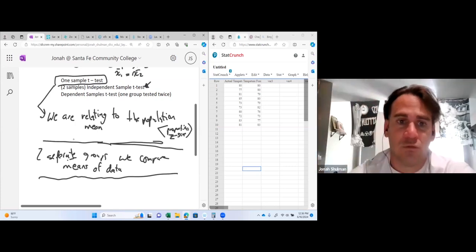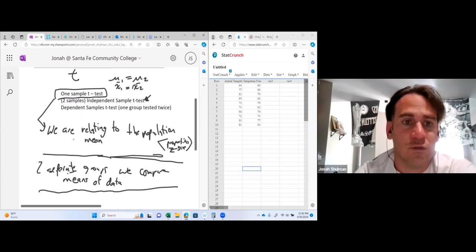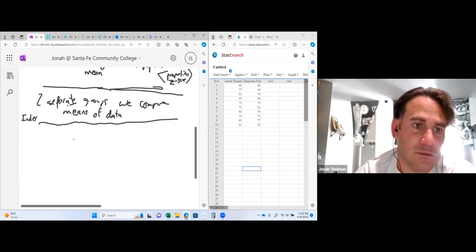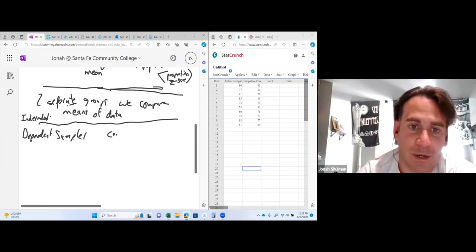Okay, so the last one is also really important. So this dependent samples t-test, okay? Sometimes it's called paired samples. Now, when they're talking about dependent samples, we're still comparing means. All of these are always comparing means.